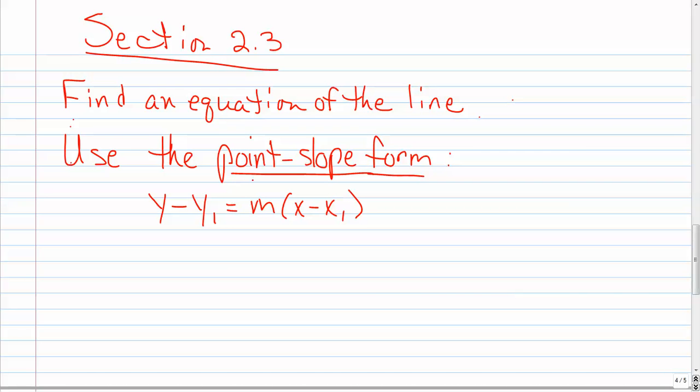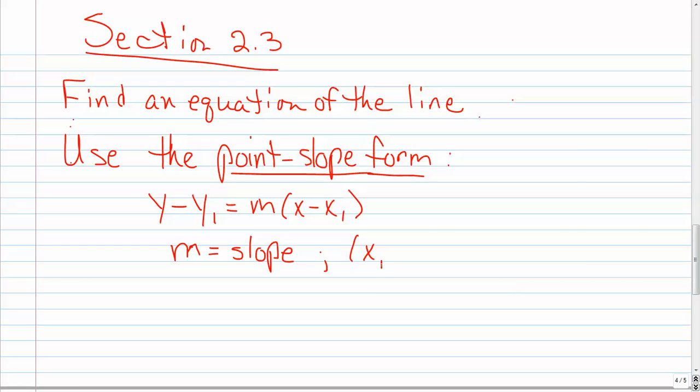And just like the name says, there are two things that you either need to be given or have to be able to find in order to use the point-slope form. The first thing is the slope. You've got to know the slope of the line, and remember that m is equal to the slope of the line. And you also have to have a point on the line.